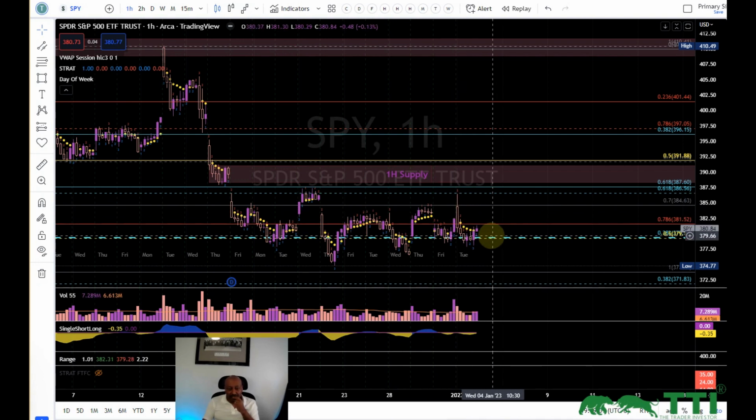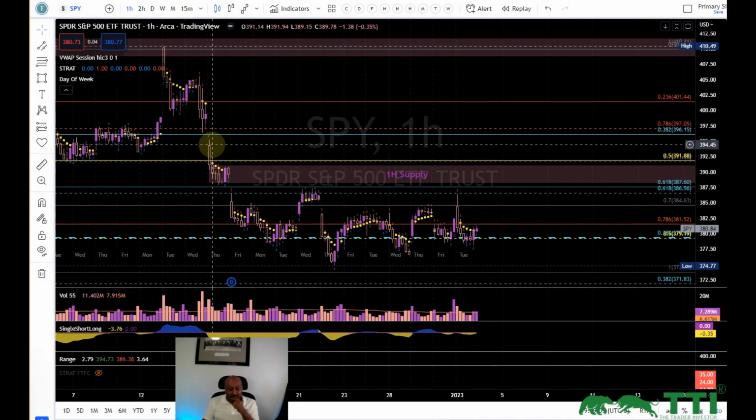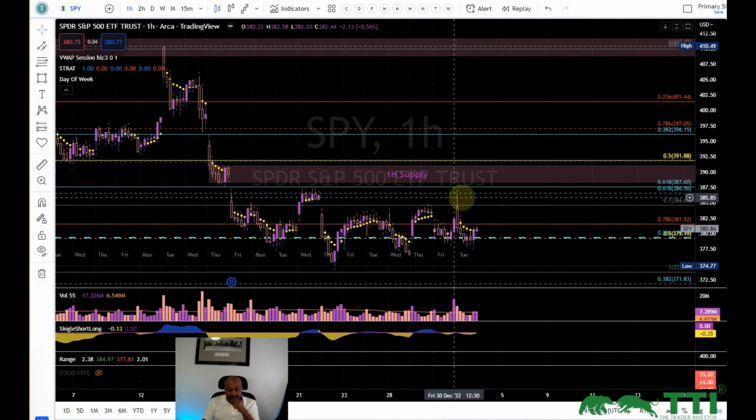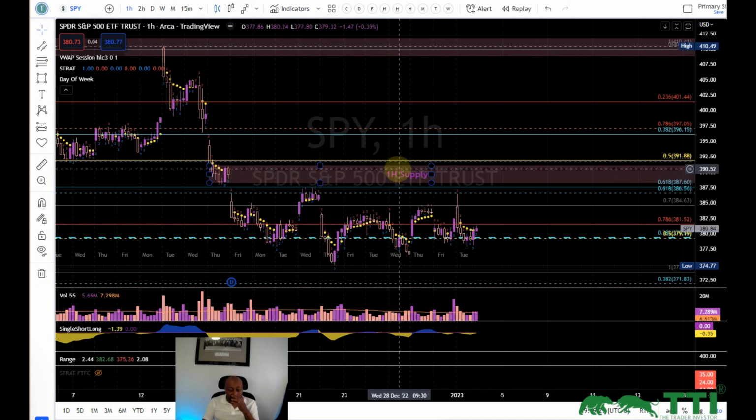So here we have a gap here, so we just watch it. We have this gap here. We watch it. This gap also coincides with a supply zone, so you don't really have to worry about this gap. I think we might have tried to close it here, but it didn't happen. So we have the supply zone.